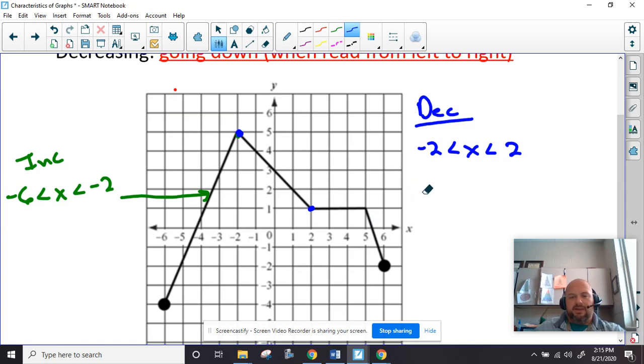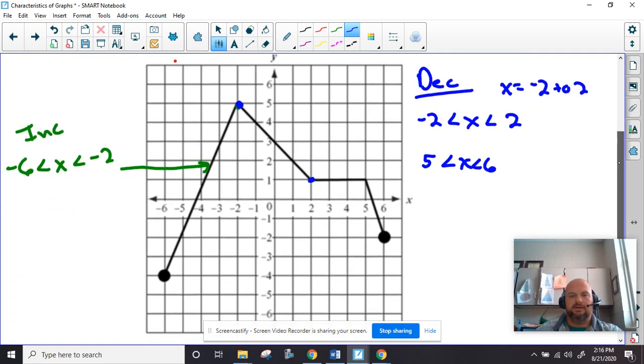And then we also have another one from 5 to 6. Or you could actually say from x equals -2 to 2. That's basically the same way. All right, but most of the time you'll see them as these inequalities.